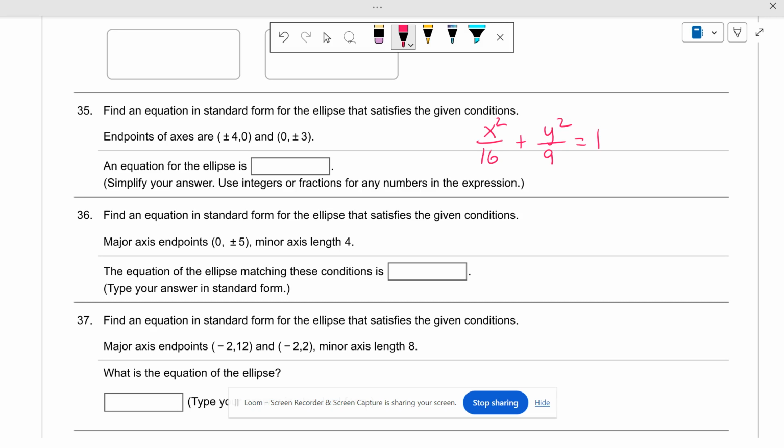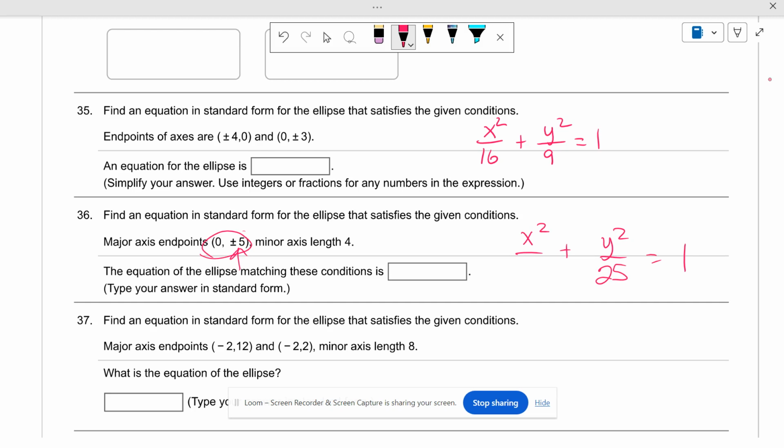Okay? So on this one, the major axis endpoints have a y value, right? And when it's an ellipse, it's x squared over something plus y squared over something. Well, you take this is your a, and you square it. So 25 goes under y.